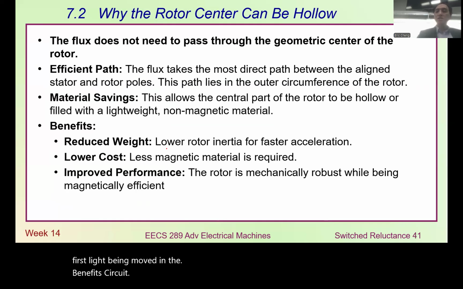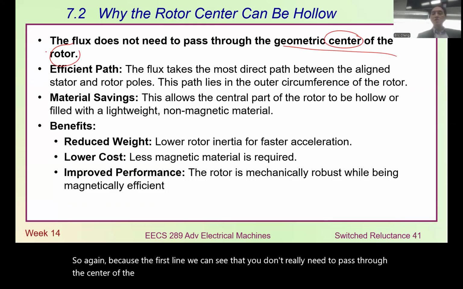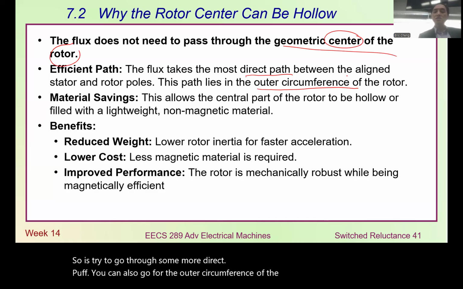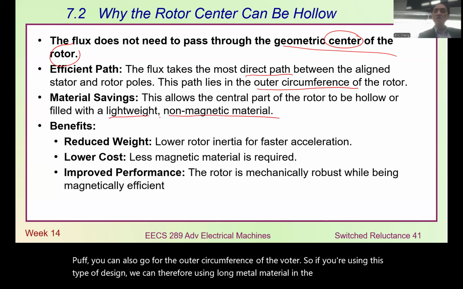Again, the flux line doesn't really need to pass through the center of the rotor. It tries to go through a more direct path. It can also go through the outer circumference of the rotor. So with this type of design, we can use non-metal material in the center, and reduce the weight.